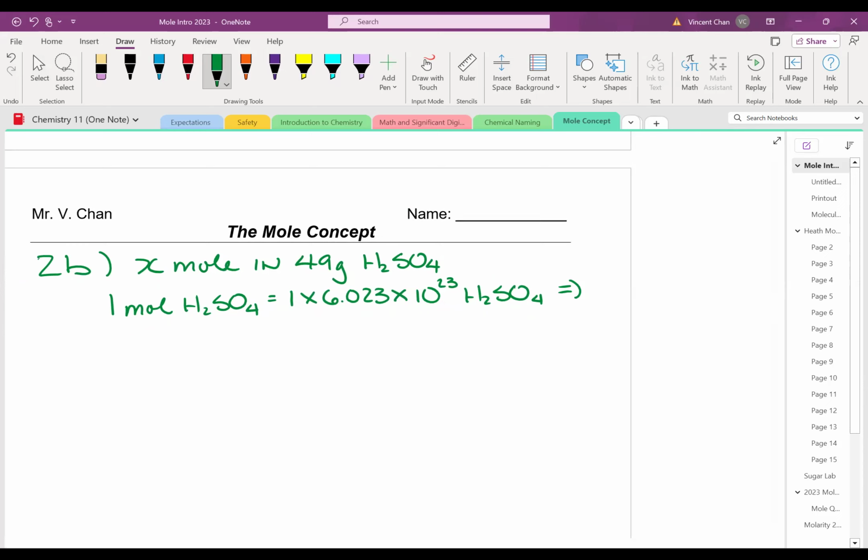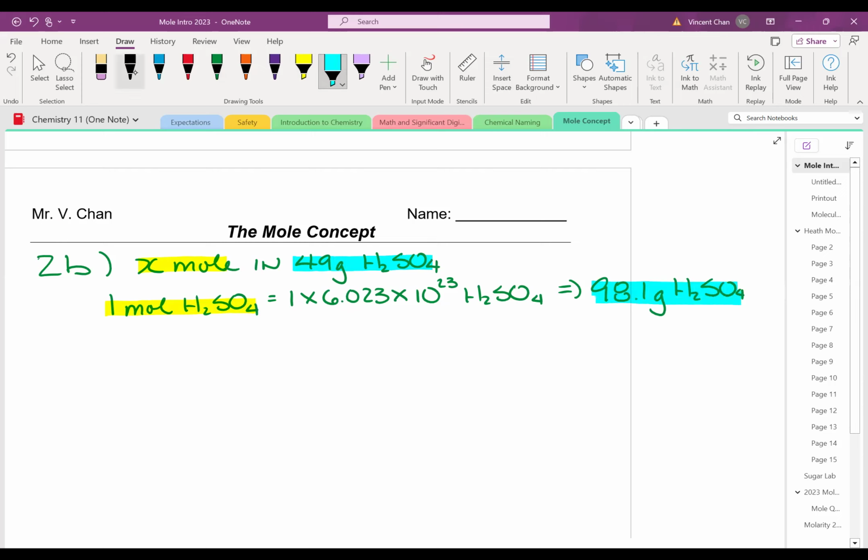So what I have is 98.1 grams of H2SO4. Now, in this particular case, notice I want moles, so I have moles of H2SO4. And I'm given 49 grams of H2SO4, so I use this in my conversion.